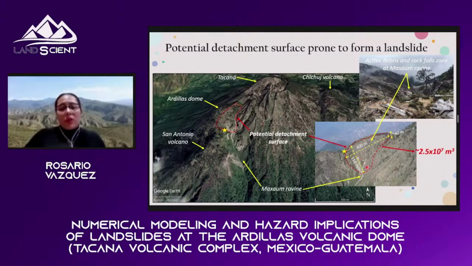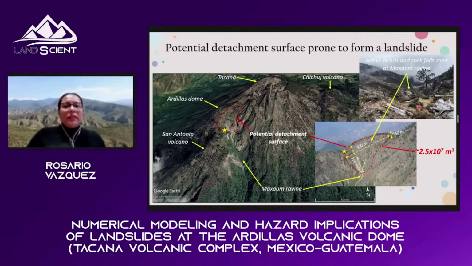And we detected also, you can see here, this is the beginning of a very narrow and deep ravine that is called Maxam Ravine. And this is a photograph from an active debris and rockfall zone that we detected just at top of here, at top of the Maxam Ravine.